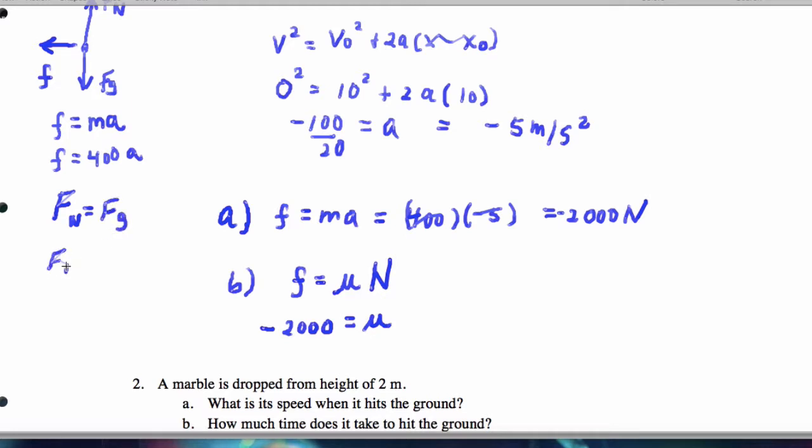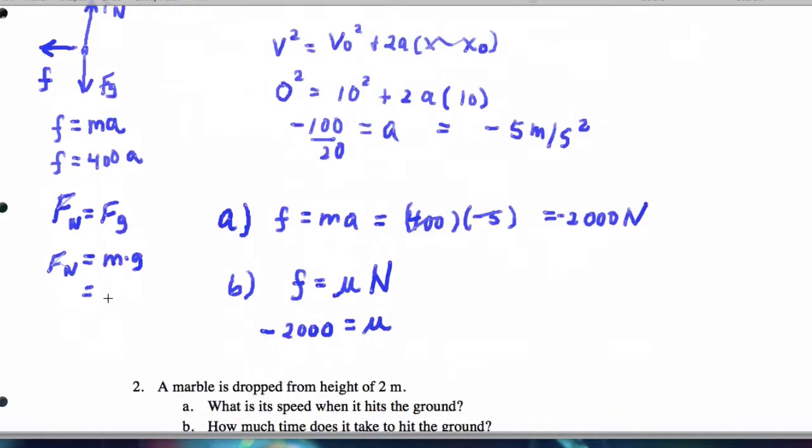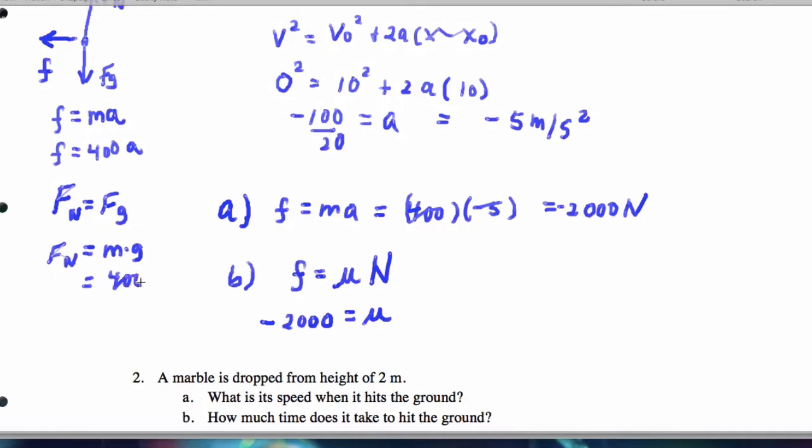So the normal force is going to equal m times g, which is going to be 400 times 10. And we should go with absolute values here, by the way. So we get a normal force of 4,000. So we'll just do absolute values.